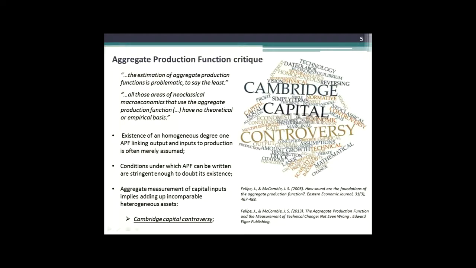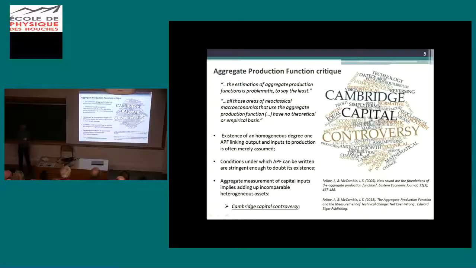Now, another criticism found in the literature targets the neoclassical concept of the aggregate production function. Namely, this criticism is based on what the authors call aggregation issues. The conditions under which you can aggregate across micro-level production functions to have an aggregate production function are so stringent that it makes you doubt the validity of the aggregate production function concept itself.